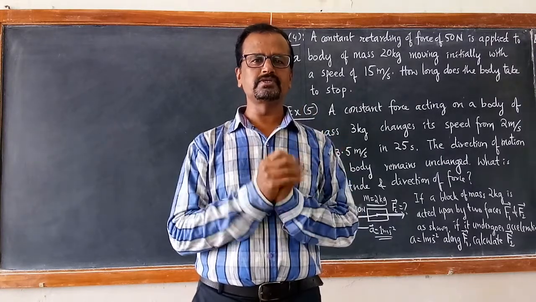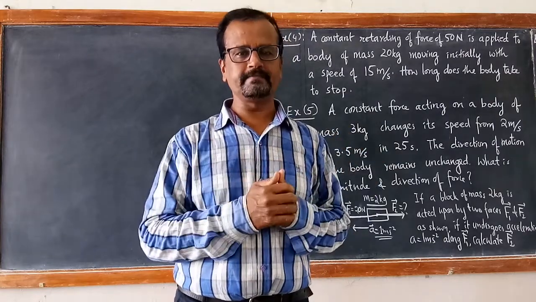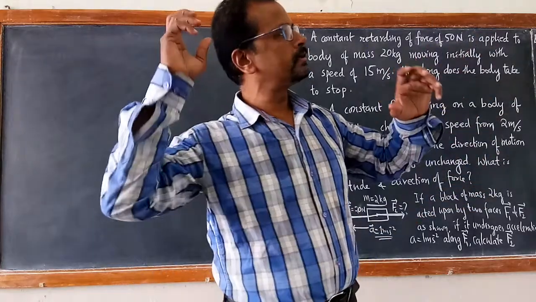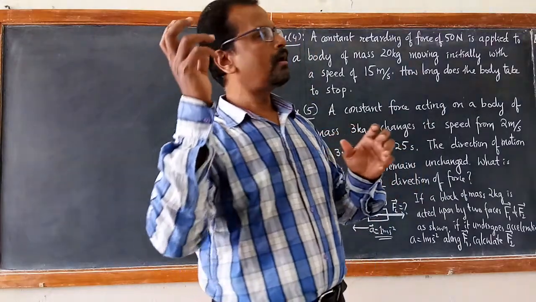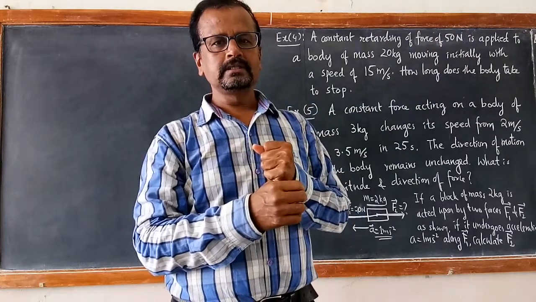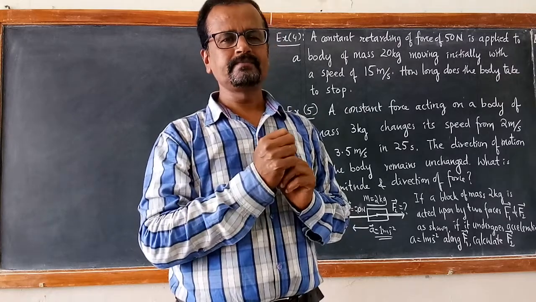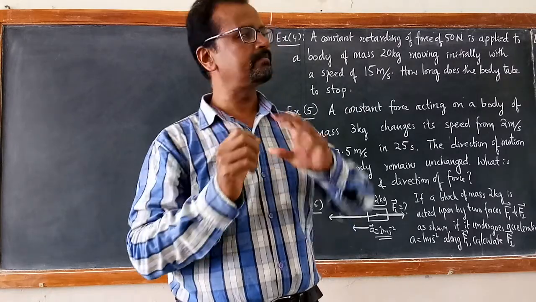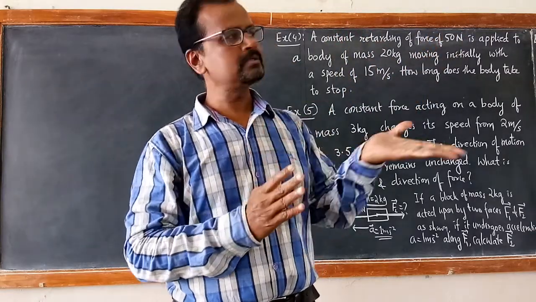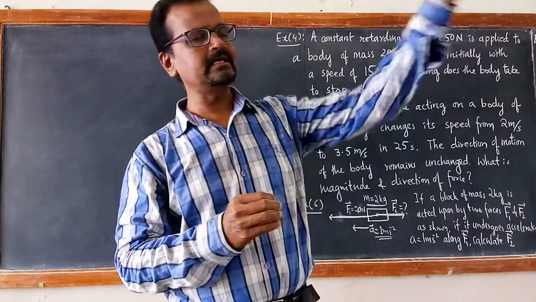And this impulsive force, when it acts on a particular body, leads to a change in momentum. For example, if you take a ball and throw it on the wall, suddenly the ball gets rebounded back. The force on the ball is there for a very short duration of time. The collision time of the ball with the wall is very short. But immediately the ball bounces back. There is a change in direction of the velocity, exactly in the opposite direction.